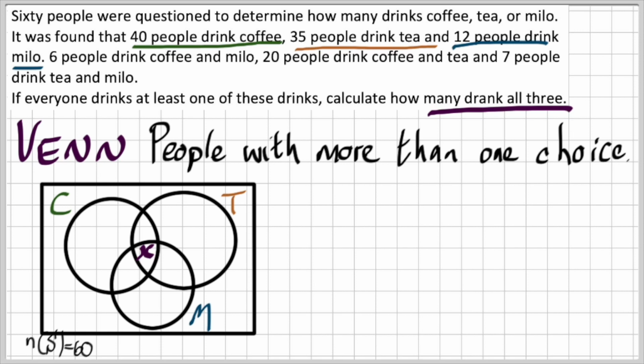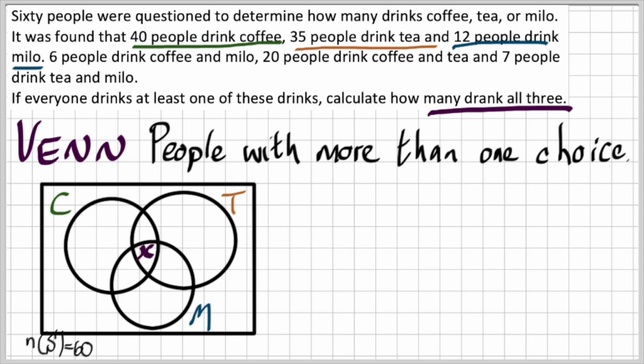Did they give it to me? No. That's the actual question. So I'm going to substitute that with X. My bit of advice is always start in the middle. Start where all three overlap. If they don't give it, make it equal to X.